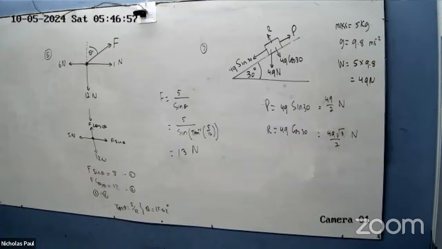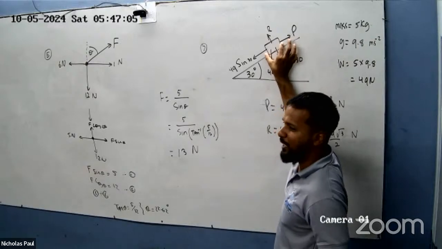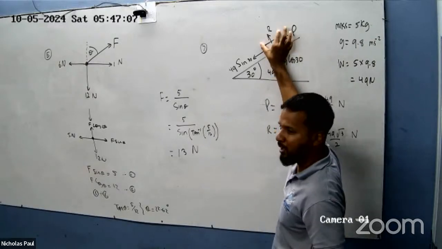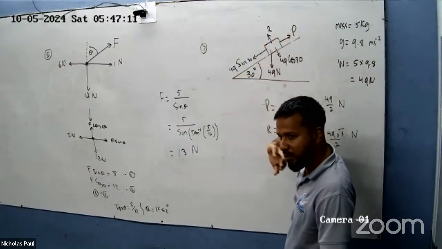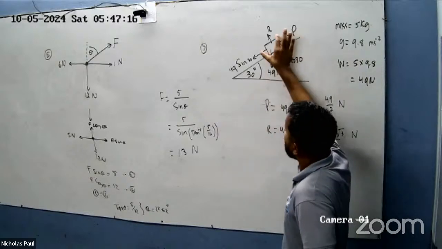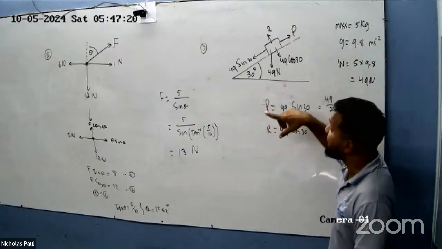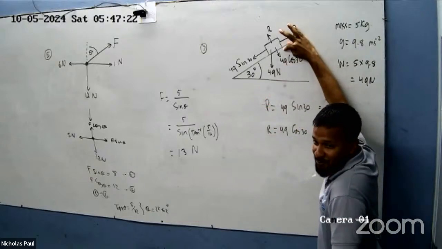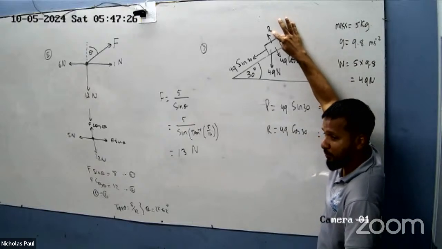Would the object have friction if it wasn't touching the surface? If it wasn't touching the surface, it would have no friction. But because it's in contact, it has friction. So therefore, R contributes to the friction.